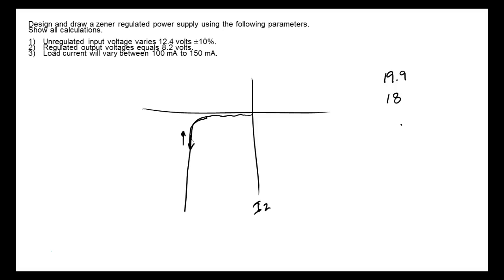We don't ever round up on Zeners. We always want to move away from the knee, right? We want IZ to go up. We don't want IZ to go down when we're choosing that resistor, because if we go down, we're moving toward the what? Toward the knee, right? Does that make sense?